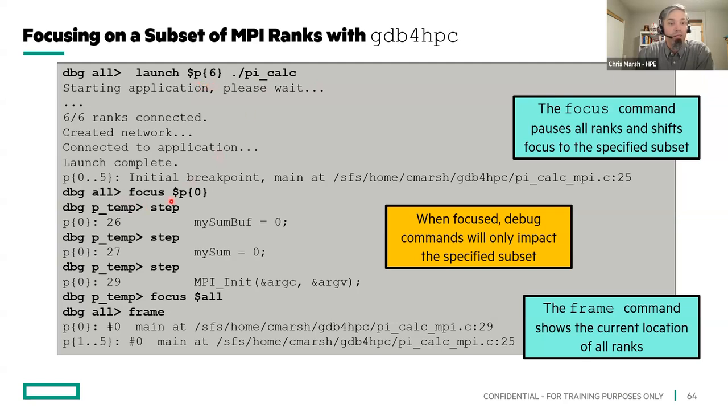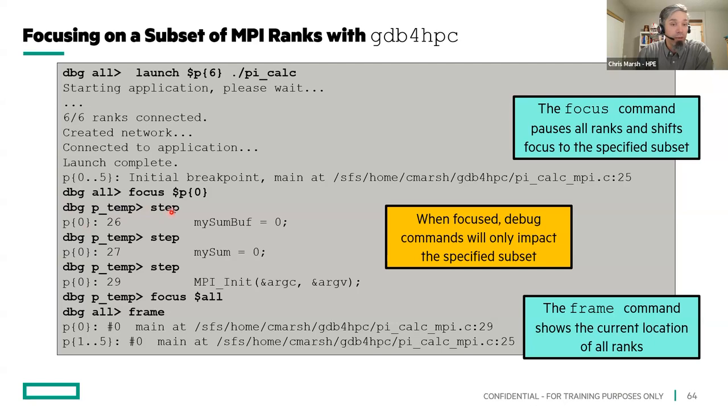If you focus on a particular rank with this syntax, the keyword is focus, and then your handle, and then provide a range. Here I'm providing just a single rank. Our prompt changes and our output changes, right?